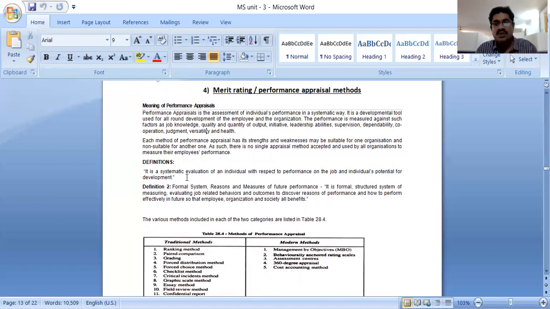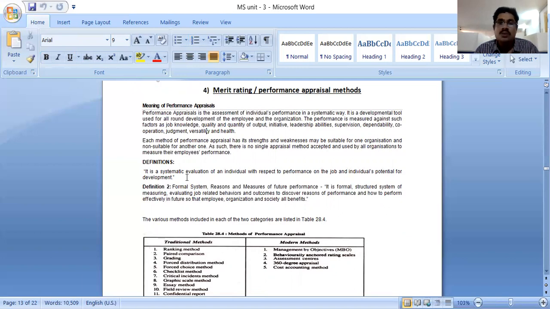So coming to this chapter, merit rating or performance appraisal. Performance appraisal means checking the performance of each and every employee. After completion of selecting a suitable candidate, we need to give training to them. After completion of training, the employee will have the placement at the company.